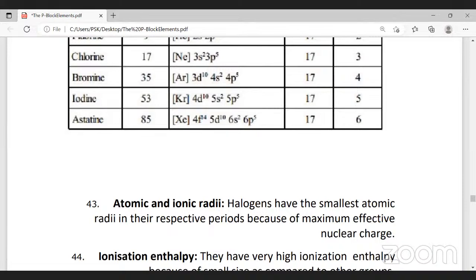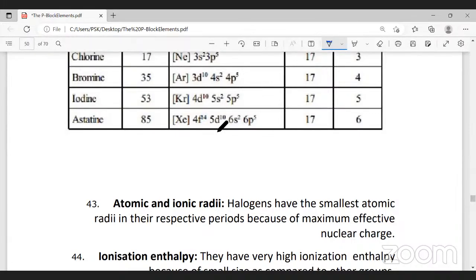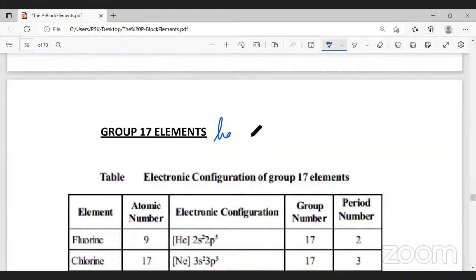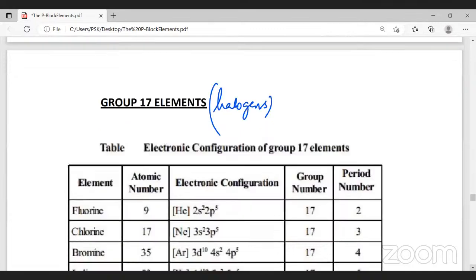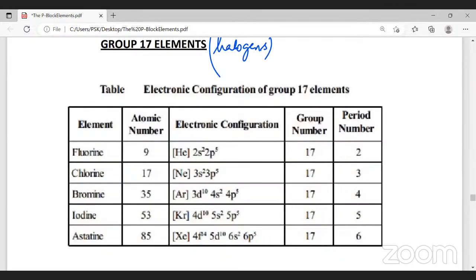Now, come to the 17th group elements. The 17th group elements are called halogens. Now, in the 17th group, we have 5 elements: fluorine, chlorine, bromine, iodine, and astatine.